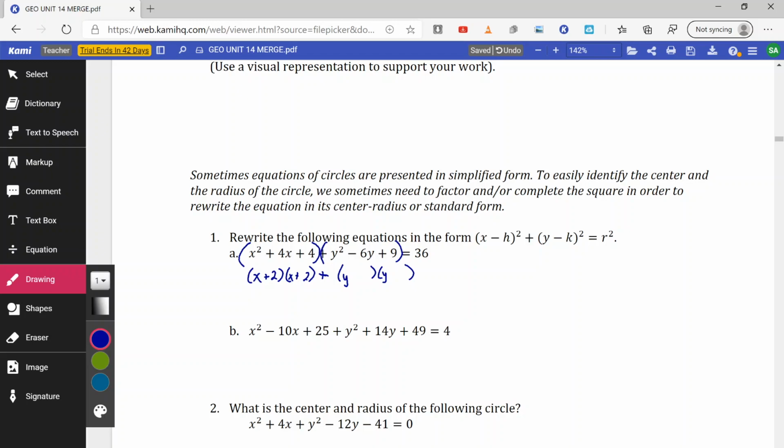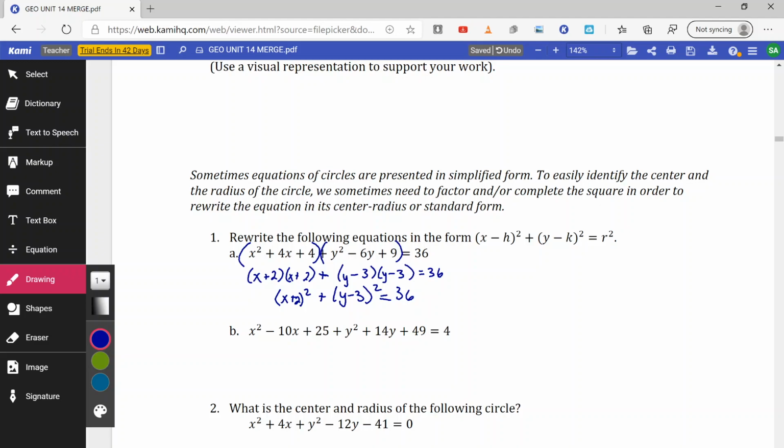So 9 times 1, or 3 times 3 will make 9. In this case, it's going to be (y minus 3) times (y minus 3). Notice with our x's and y's here, we're multiplying the same binomial twice. So what we really have is (x plus 2) squared plus (y minus 3) squared equals 36.